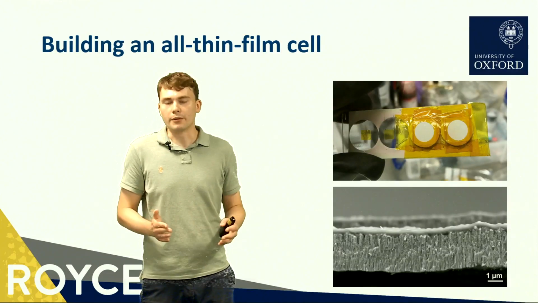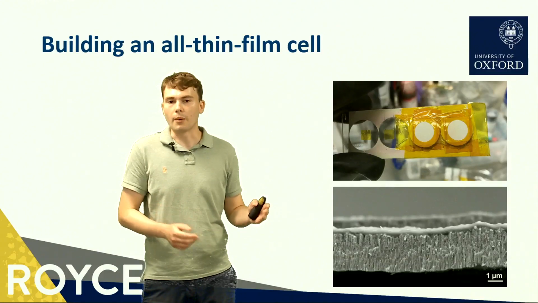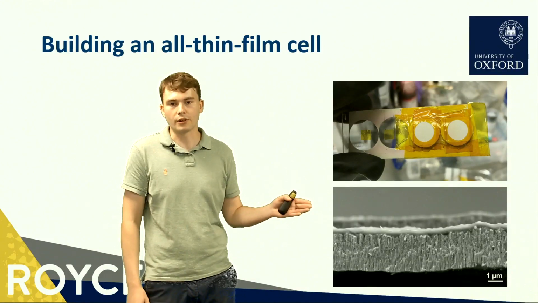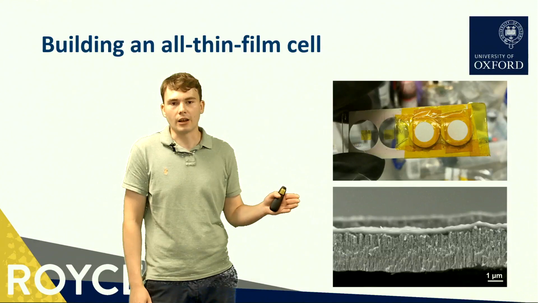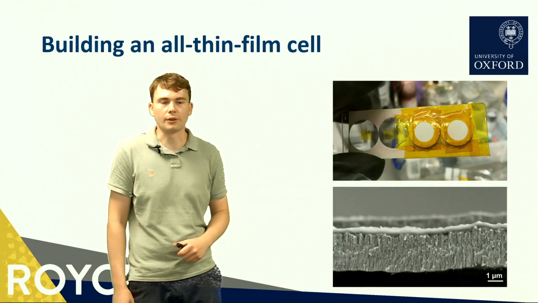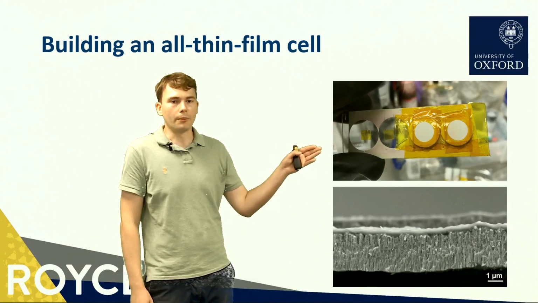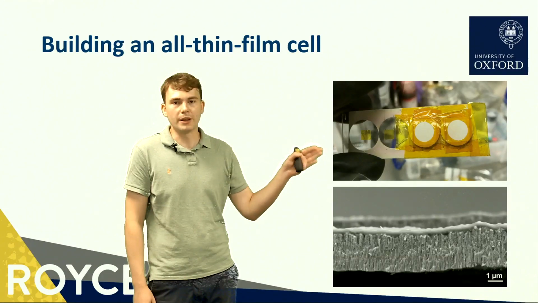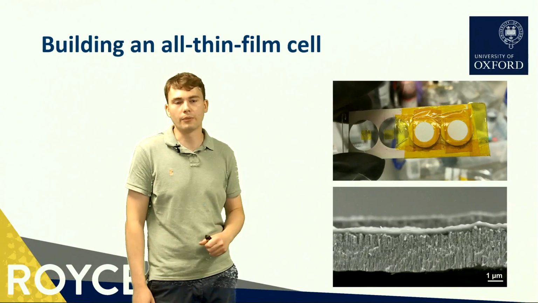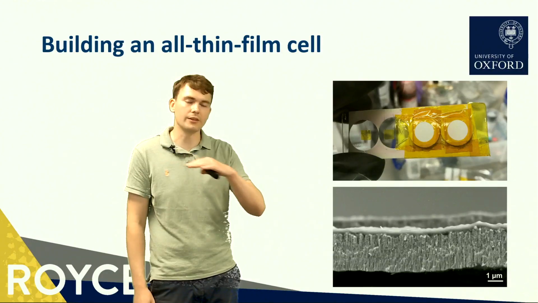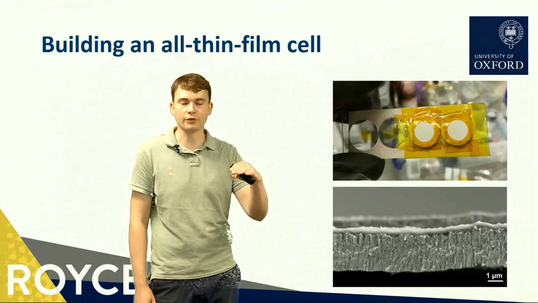So just a bit about my research. I work on thin film electrolytes and electrodes, and I've just included a couple of photos to illustrate what I do. At the top is a photo of midway through making a thin film cell. I've deposited this solid electrolyte layer using magnetron sputtering.